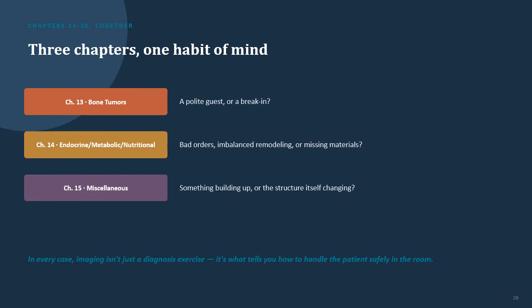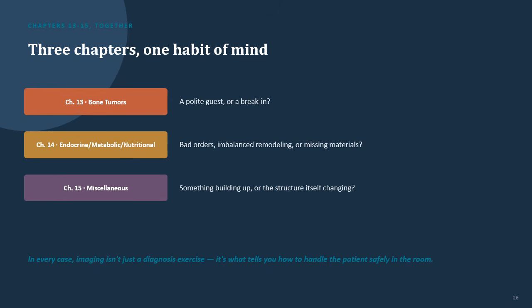With the metabolic disorders, we had imbalanced remodeling. So basically, as the bones were growing and rebuilding themselves, they were not able to do it sufficiently. So one of the conditions that we looked at there was osteoporosis. And last but not least, the missing materials. We had a deficiency in nutrition, typically in the vitamins.